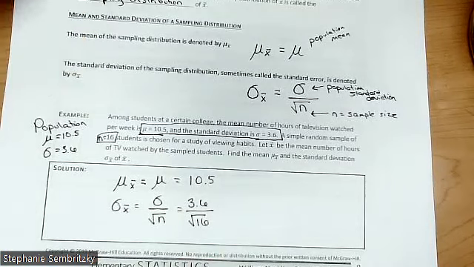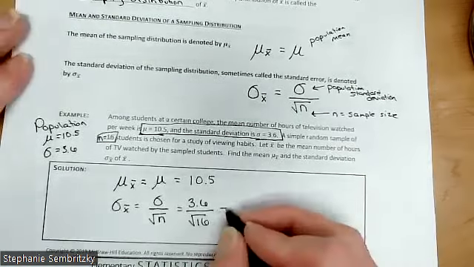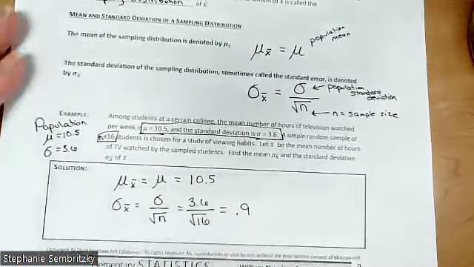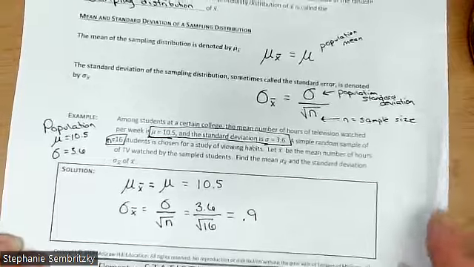So 3.6 divided by the square root of 16 is 0.9. Perfect. Are we okay on using those formulas? Awesome.